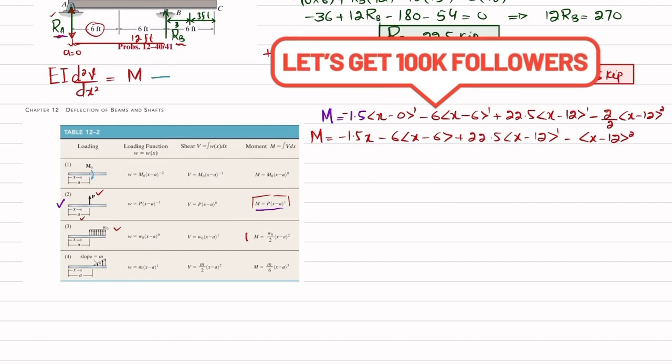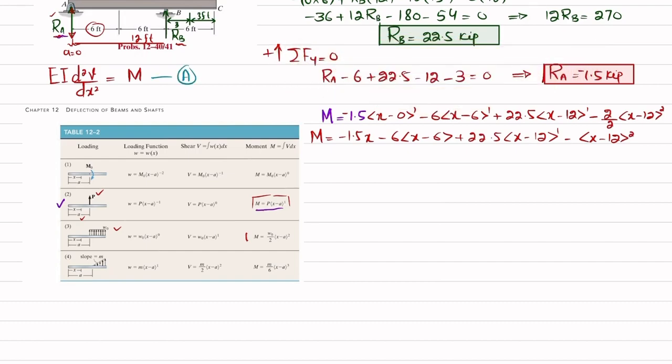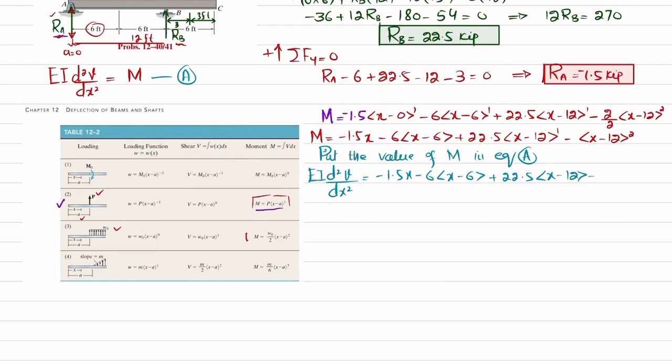Let this be your equation number A. Put the value of M in equation A. So you will get EI d square v over dx square is equal to minus 1.5 x minus 6 into x minus 6 plus 22.5 into x minus 12 minus x minus 12 power 2.